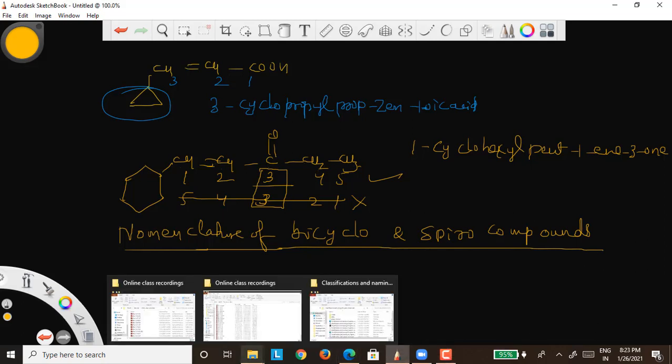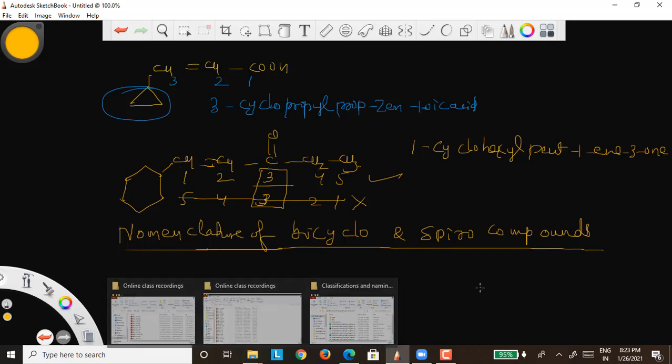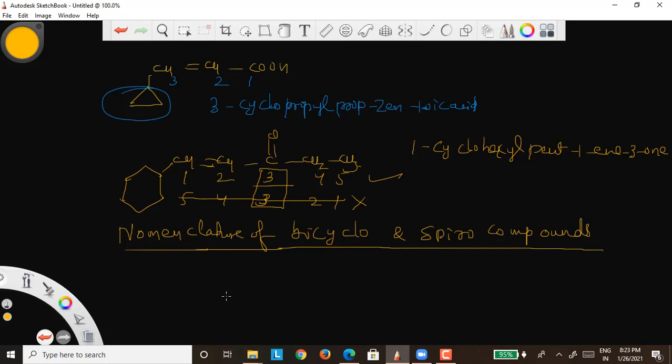Now you should know what a bicyclo compound is. Bicyclo compound means two fused rings with the help of a bridge. Suppose one bridge connects two fused rings, then that is called a bicyclo compound. Okay. Now let us take an example. Suppose you have CH and CH2, CH2.